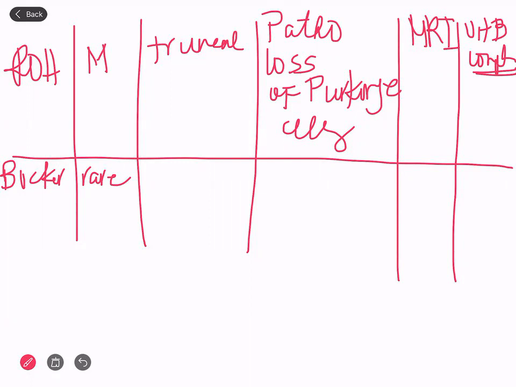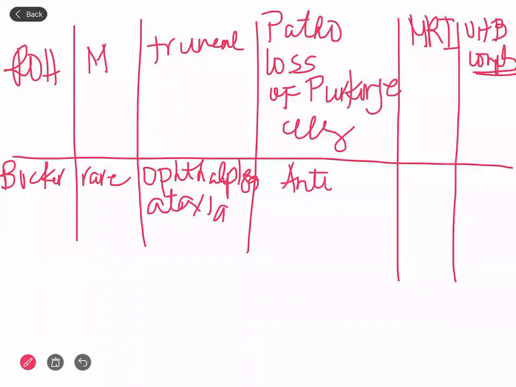But the most common manifestation, since it affects the brainstem, is ophthalmoplegia or diplopia, and then, of course, ataxia. And then for the pathology, the presence of anti-ganglioside antibody, since it is an autoimmune condition.